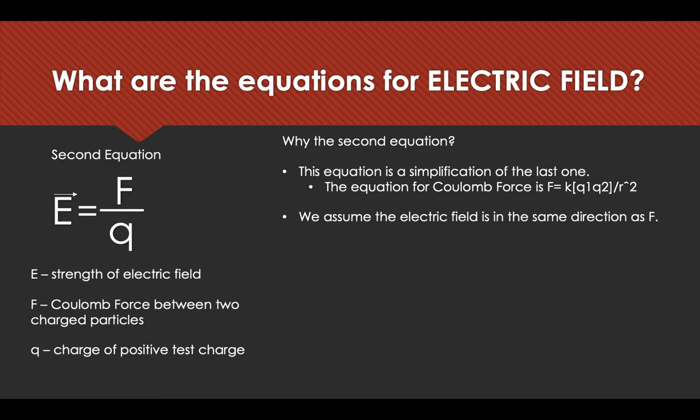An electric field is equal to force over the charge of a positive test charge. You can think about that as the positive test charge being the one placed inside the field that you're trying to figure out. It's also important to note that this electric field has direction, and it's in the same direction as the force.